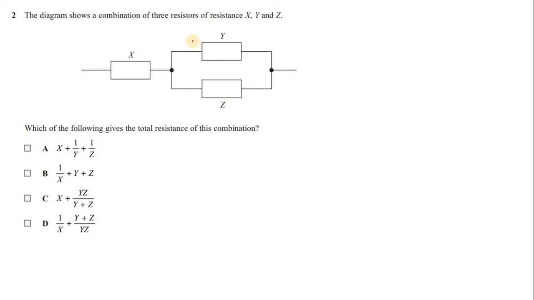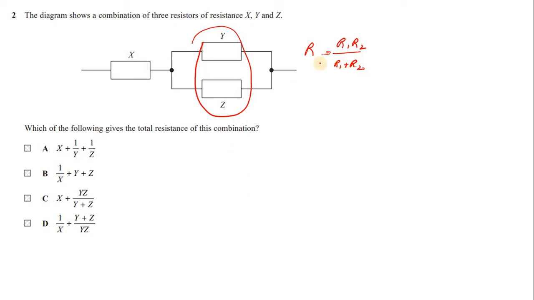So first we figure out the combined resistance of Y and Z. Remember, in parallel, the combined resistance is R1 R2 divided by R1 plus R2. This is the formula for combined or total resistance of two resistances in parallel.